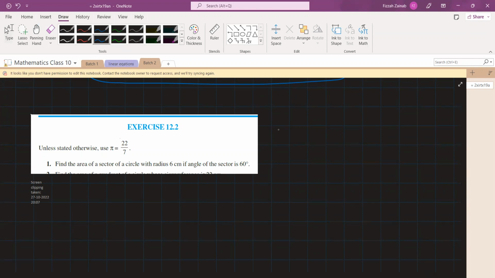So radius is 6 centimeter and theta is 60 degree, the angle of the sector. So area of sector you find by theta by 360 into pi r square. Now please put the values and tell me the answer quickly.